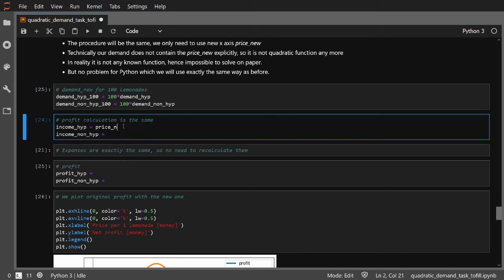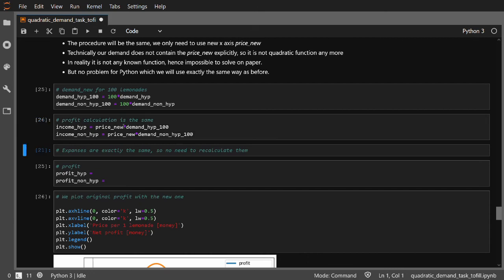So price is now price new times demand hypothetical and for 100 lemonades. Second one is exactly the same, price new times demand, and now non-hypothetical and 100 lemonades. Expenses are the same as above, so we don't need to recalculate them.